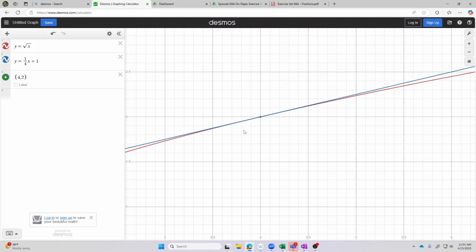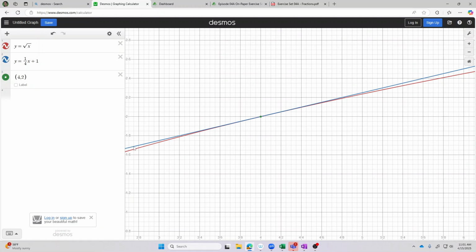We can see, even as we continue to zoom in, that the linear approximation in blue and the original function in red are so close together that they seem almost to overlap as we get closer and closer to this location x equals 4, where the linear approximation was calculated. This is why the linear approximation is called the linear approximation, because the linear function in blue approximates. It is very close to the original function here in red.